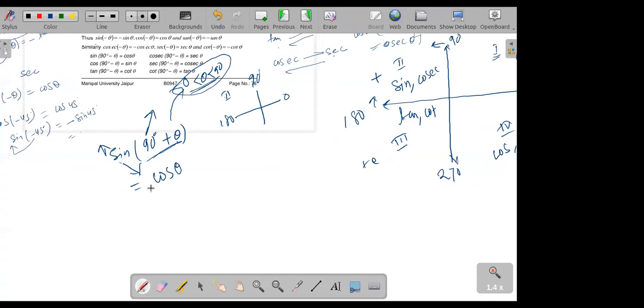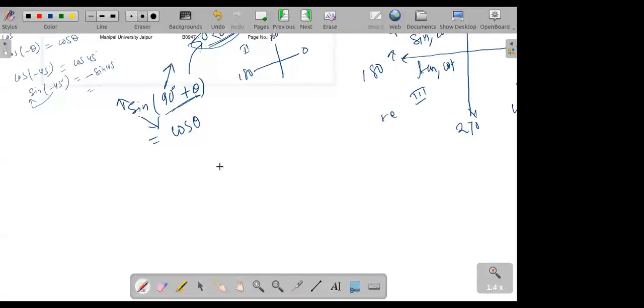Say I want to find tan 135 degrees. What we can do is write it as 90 plus 45 degrees. This is 90, an odd multiple of 90, so the ratio has to be changed.